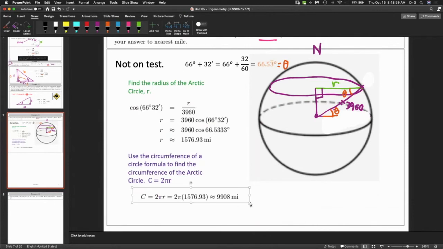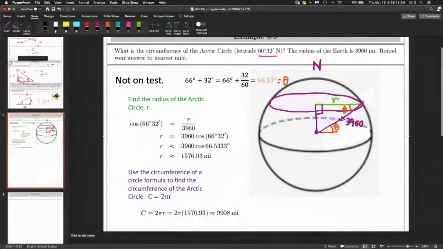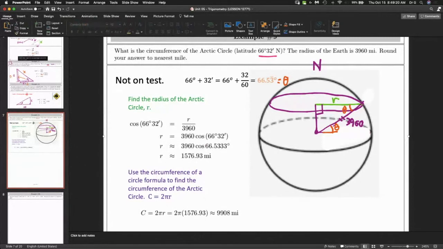So if you ever wanted to walk around or navigate around, probably it'd be mostly by ship up there. If you ever want to go around the Arctic Circle, it would be 9,908 miles. So there's your geography lesson for today.